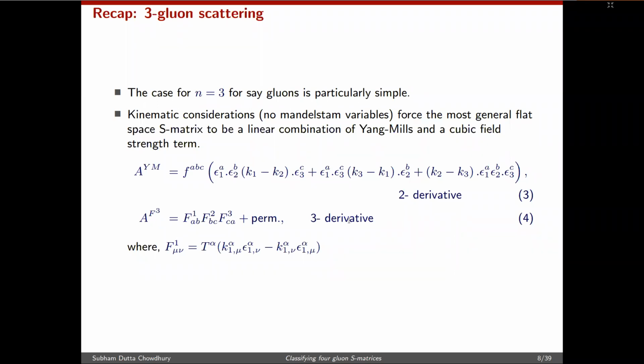Question, Shubham. When you mean 3-gluon scattering, shouldn't that vanish on shell, or are these off-shell amplitudes? These are on-shell amplitudes. Why should they vanish? There is no Mandelstam invariant in 3-point scattering. Because you don't have S, T all at 0, because this is massless. From momentum conservation, I think you can show that this will go to 0. I am not saying anything about the reality properties of the momenta.